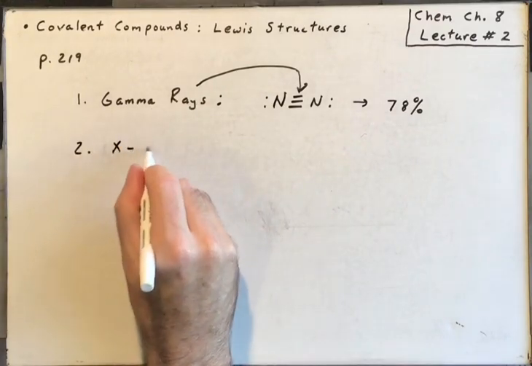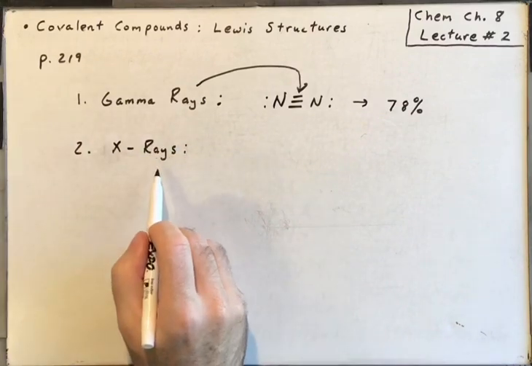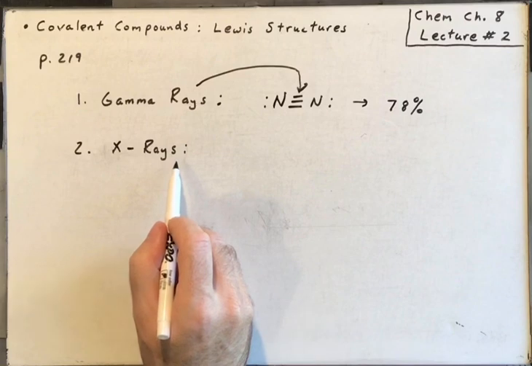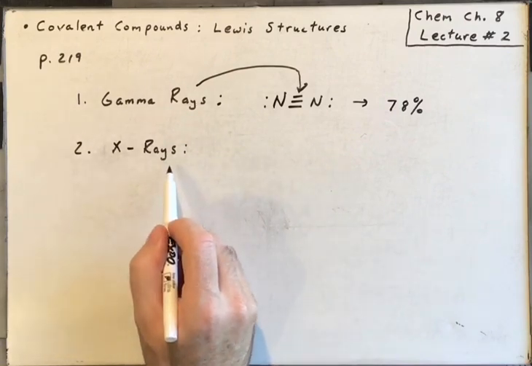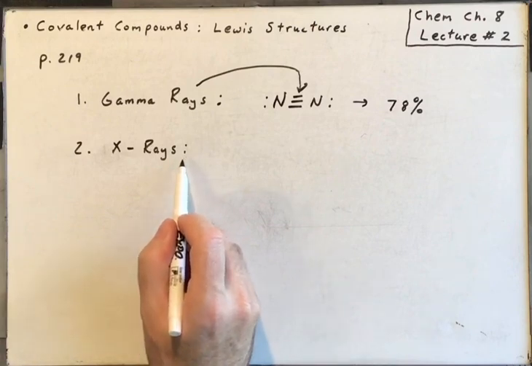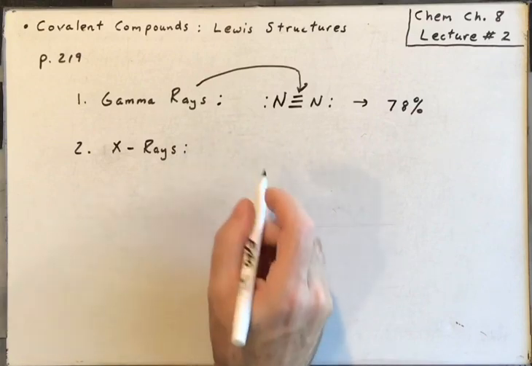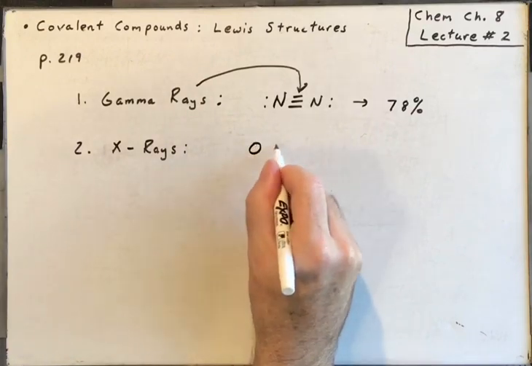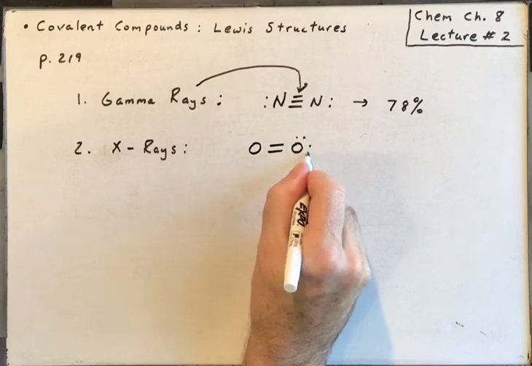Second would be X-rays. You go to the dentist, you get an X-ray, you know that they will penetrate the skin and bounce off your teeth, or if you've broken a bone, they will bounce off your bone and render an image on the camera. So definitely powerful rays that could do damage to you. Those are blocked by what we've already drawn, the double bond of oxygen.